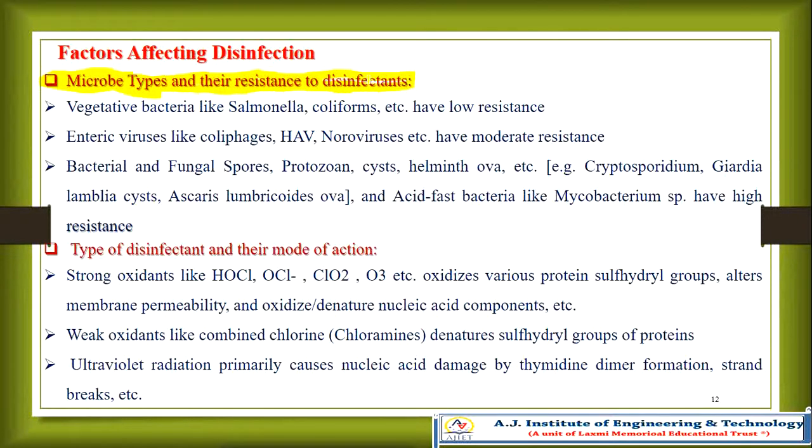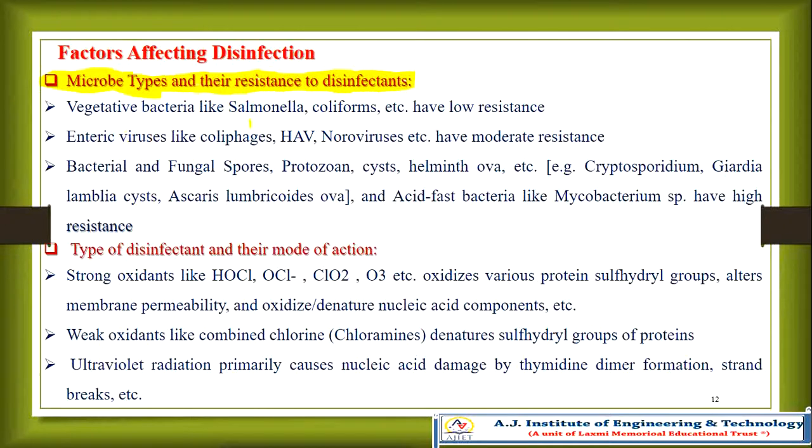What type of microbes they are, and their resistance to the disinfectant we are using. That is very important. For example, if we are using chlorine, what type of microbes and what resistance do they have to this disinfectant?